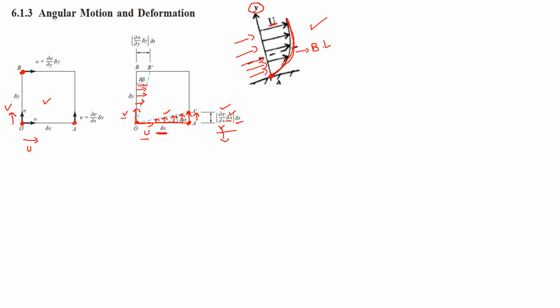So in this case, our edge OB moves to a new point OB dash, and the velocity gradient for this edge is partial u. The velocity vector for this is the u component of velocity, that is the x component of velocity, and this x component of velocity forms a gradient with this y-axis of this fluid element, and causes a change in the delta y edge of this fluid element with respect to delta t.